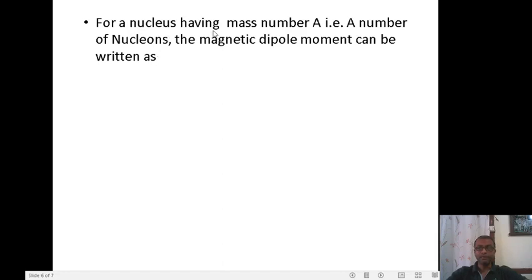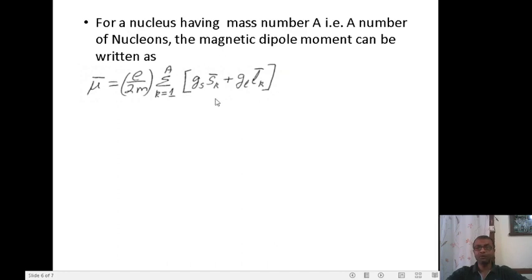So for a nucleus as a whole, which has a mass number A, that is the total number of nucleons is A, the nuclear magnetic dipole moment can be written as e by twice m, summation over k is equal to 1 to A. We have to sum over the contributions to the magnetic moment due to all the nucleons inside the nucleus.